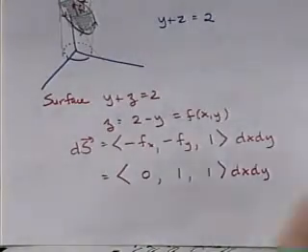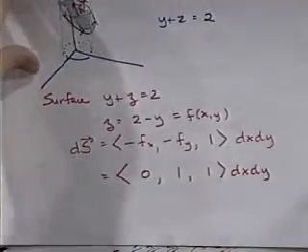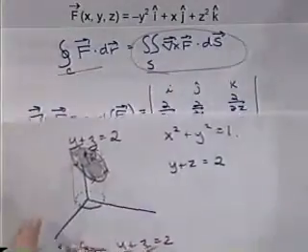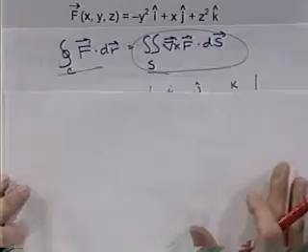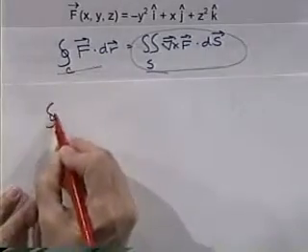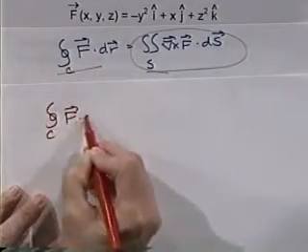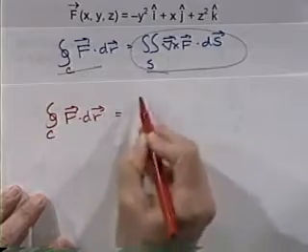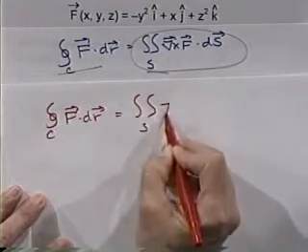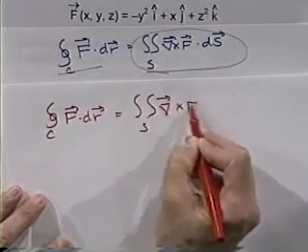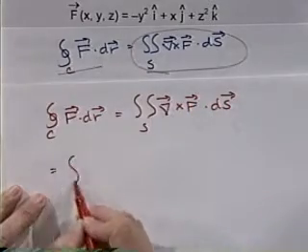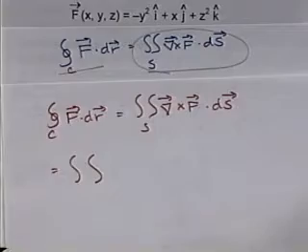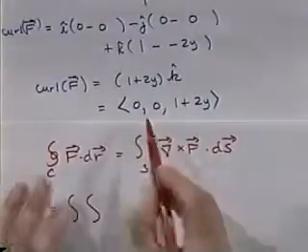Okay? So, going back to Stokes' theorem, they want us to evaluate this, but Stokes' theorem says that this equals the integral over the surface of del cross F dot dS. Now what was my del cross F? I figured it out a little while ago. It's right here.